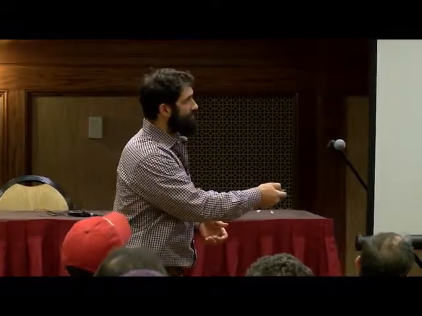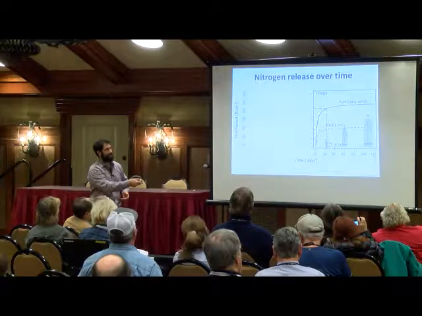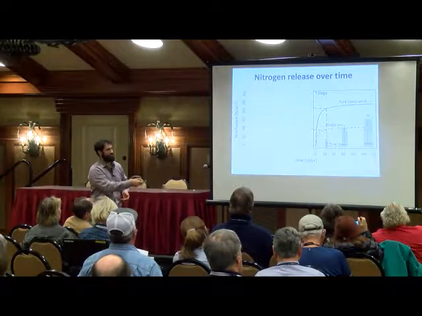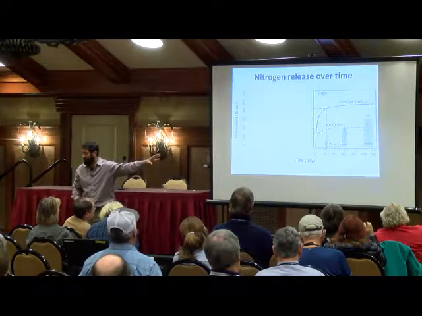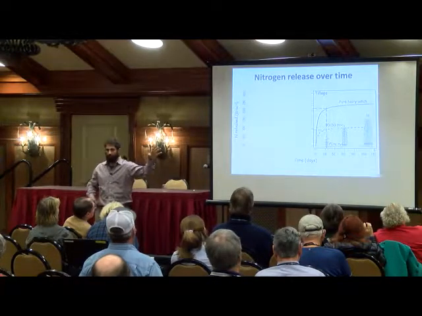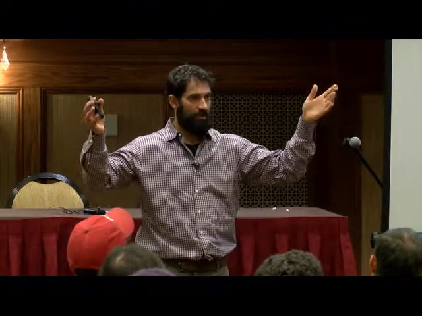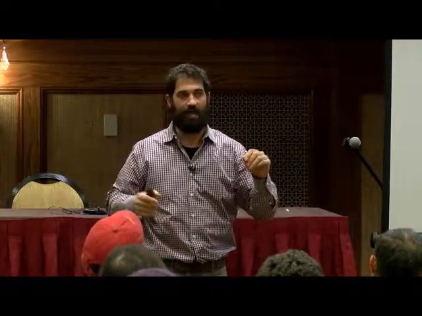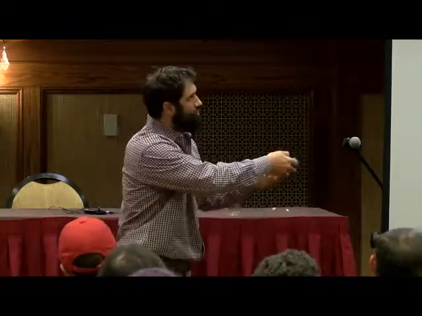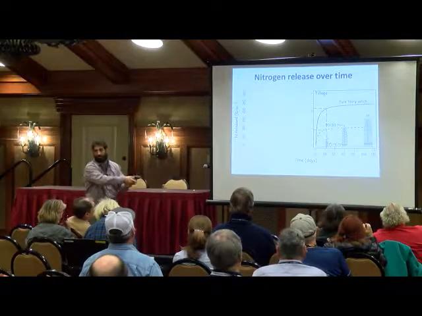Whereas this 50-50 mixture, you can see it decomposes fairly rapidly, not as rapidly as a pure vetch. The pure vetch decomposes really rapidly compared to the mixture. Now what's interesting here is that the mixture of hairy vetch and cereal rye, when it's 50-50, actually produces the same amount of nitrogen as a pure legume. So this legume has the same amount of total nitrogen as the mixture.